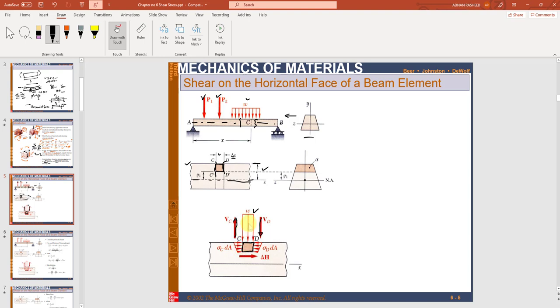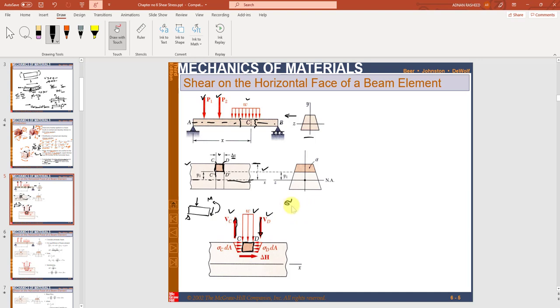Clear? Now remember one thing, that whenever a beam is subjected to transverse loading, there will be a shear force at the cutout section and there will be a bending moment. Clear? So in this case the shear force is represented but bending moment is not represented over here.